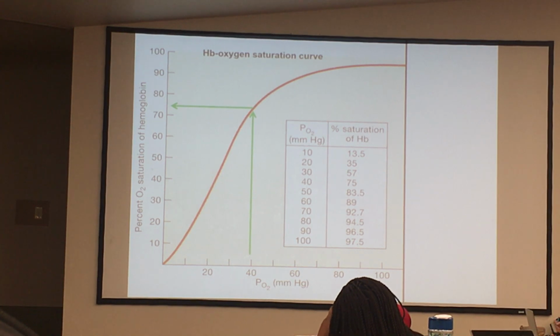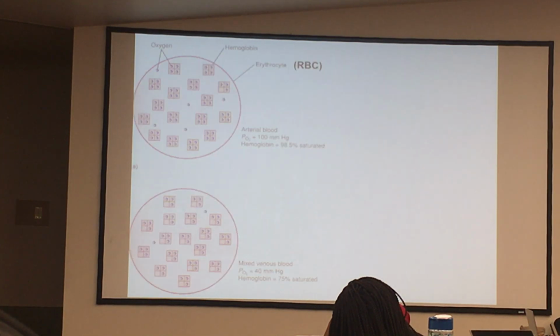And we have a curve we call the hemoglobin oxygen saturation curve. To understand how much, we have to go back to the basic structure. Every red blood cell has hemoglobin. Hemoglobin has 2 alpha and 2 beta units, right?